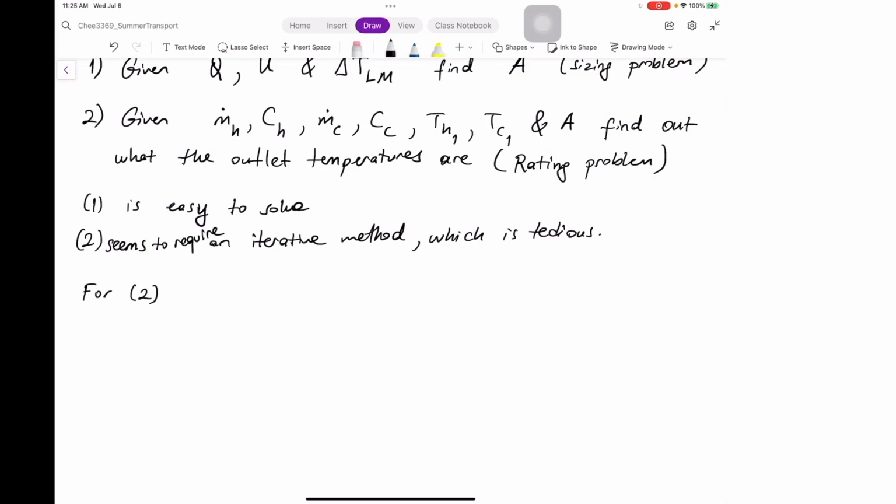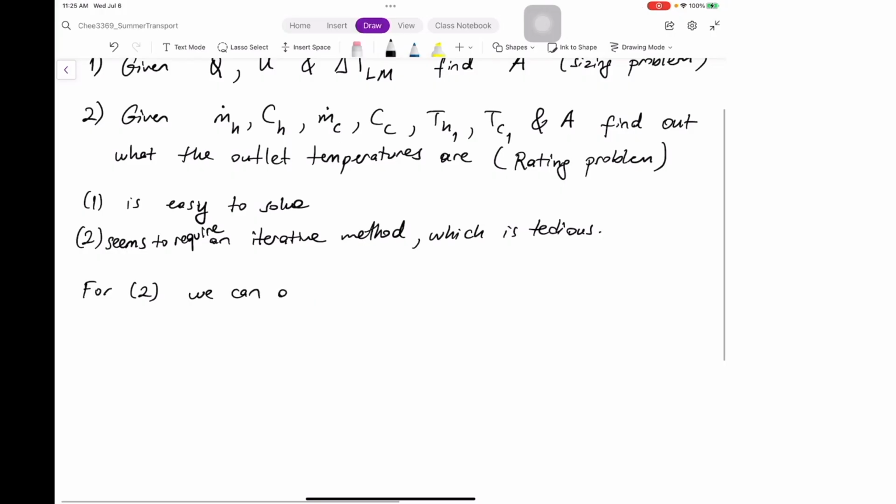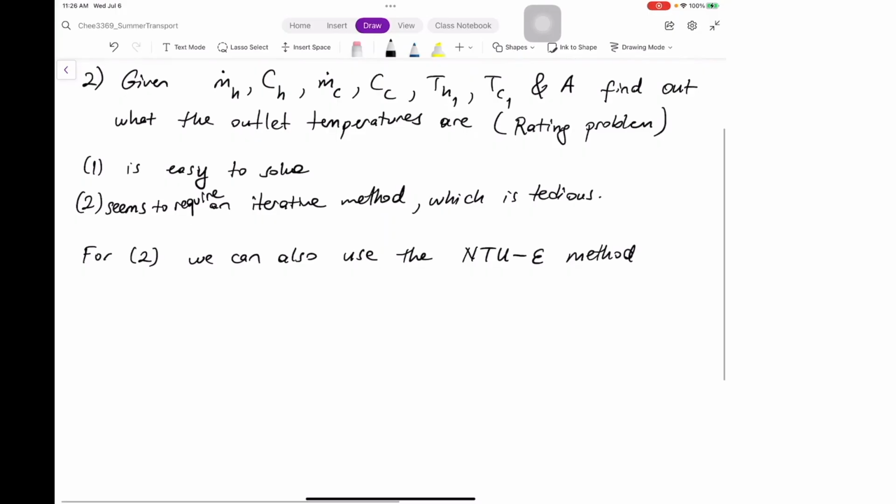For the second type of problem, we can use what's called the number of transfer units, epsilon method. NTU stands for number of transfer units.